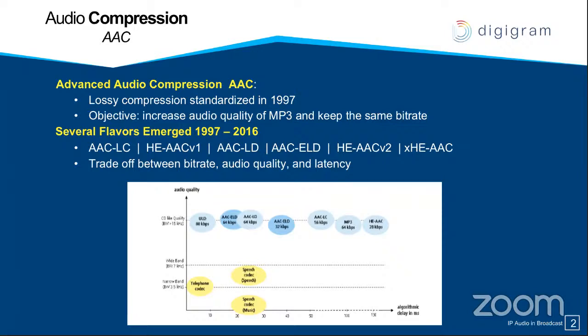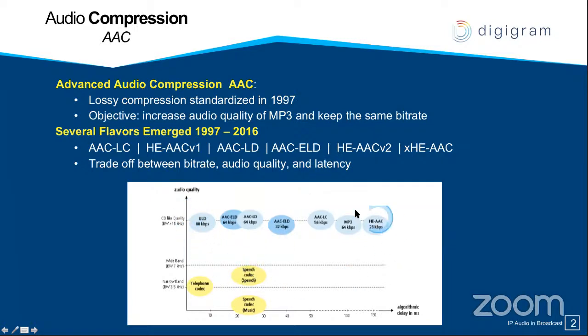So several flavors of AAC emerged, and AAC stands for Advanced Audio Coding. You will see these settings on many hardware codecs, and you might even see it in some software codecs. It comes in AAC-LC, HE-AAC, AAC-LD, and just goes on and on. Each one of these versions is a trade-off between bitrate, audio quality, and latency.